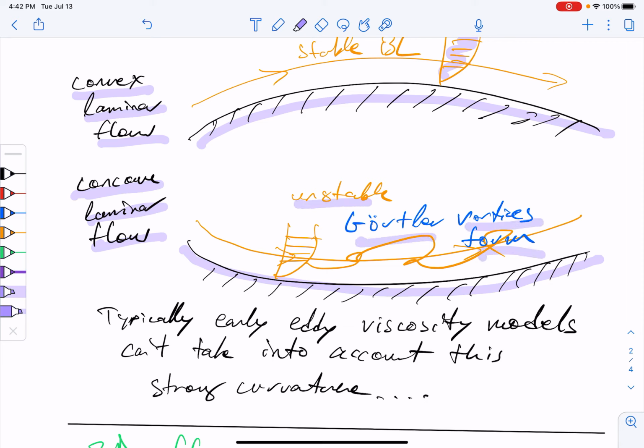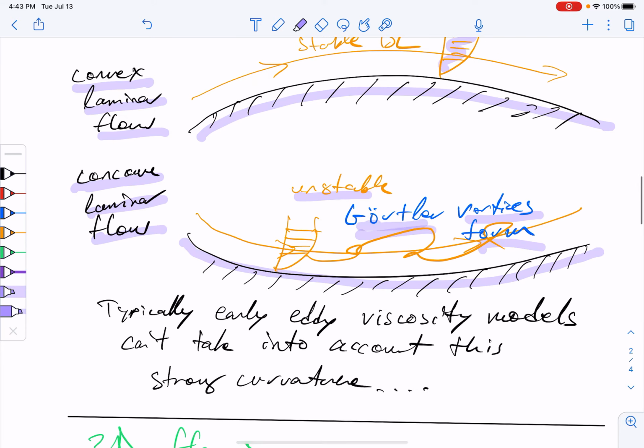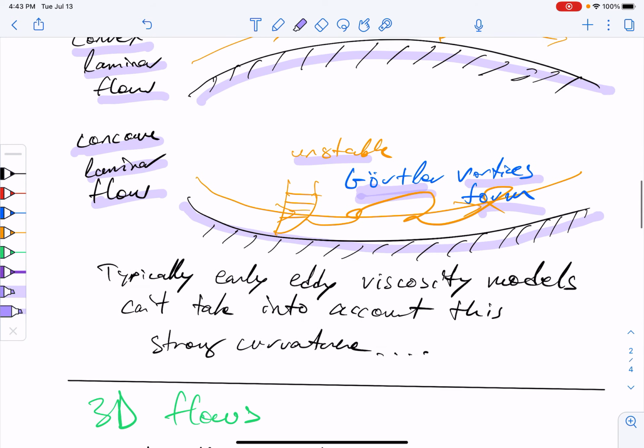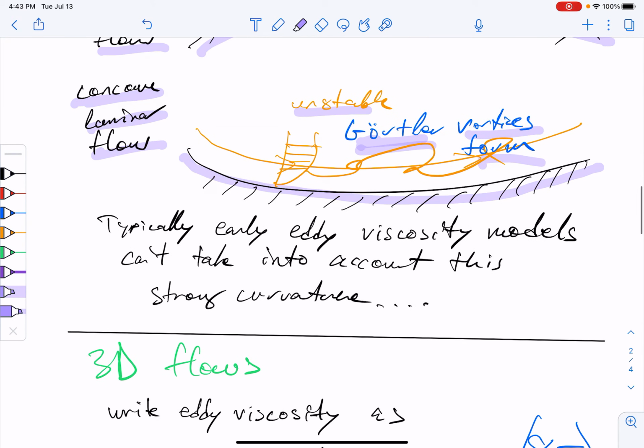And there's lots of information online about this. This can be shown from the linear stability analysis too, that it's unstable, and the particular Gortler vortices form, named after the researcher. It's observed in these two simple flows, convex and concave, with particular strong curvature, that is small radius of curvature, that the eddy viscosity models just aren't able to predict this unstable Gortler vortex formation and turbulence.